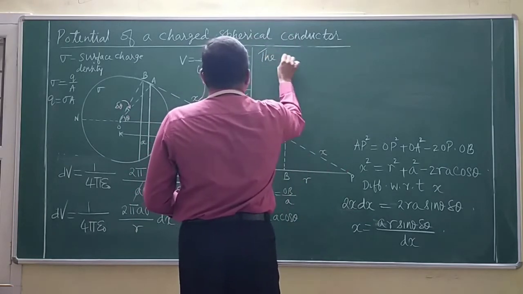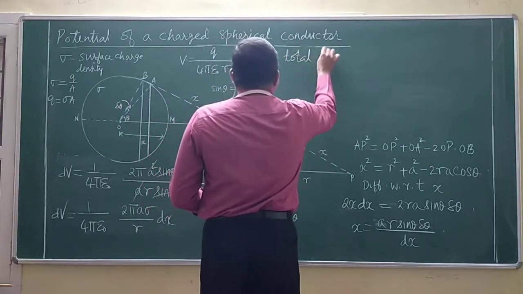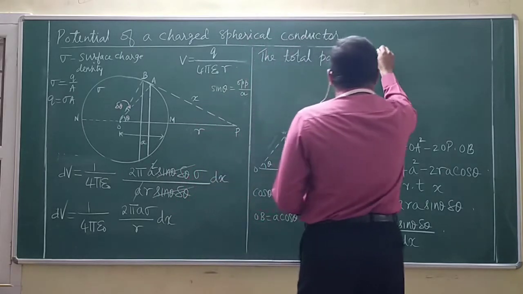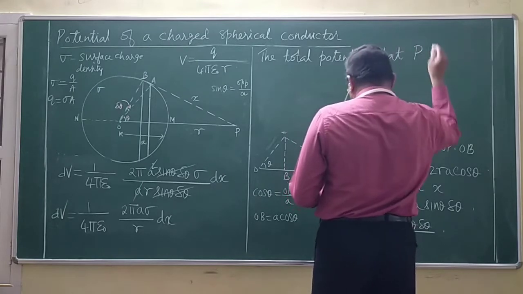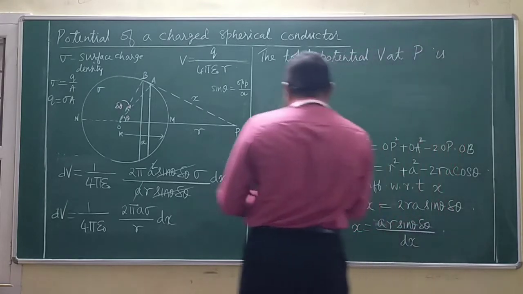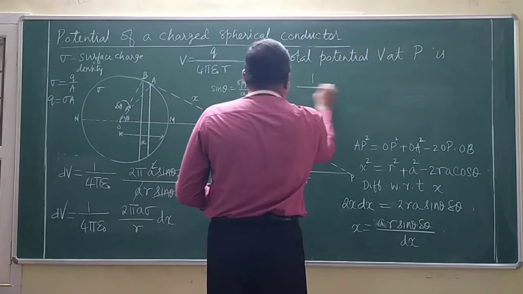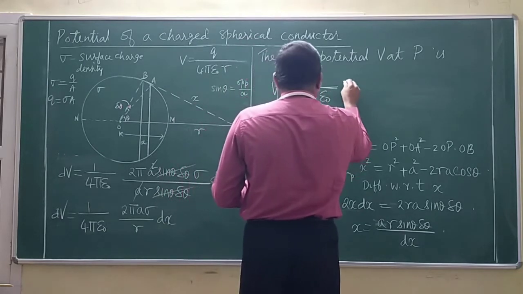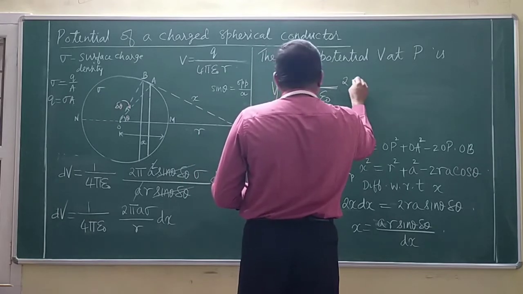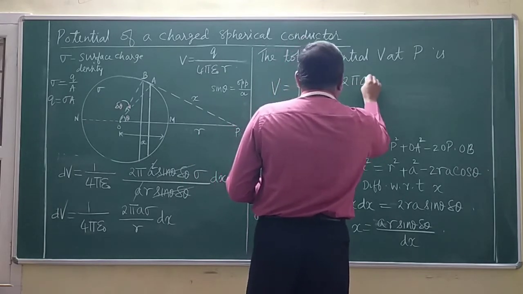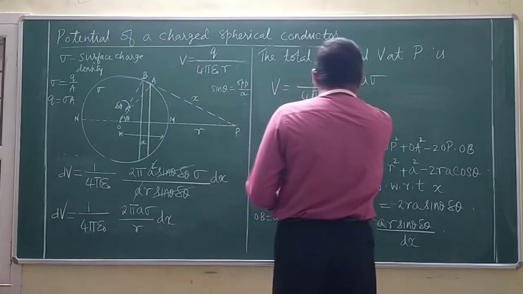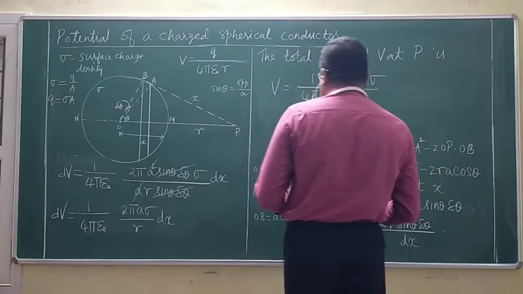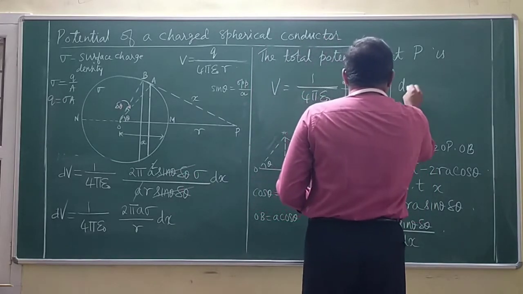The total potential V at P is V is equal to 1 by 4 pi epsilon naught, 2 pi A sigma constants. R is also constant because the point P is fixed at the distance R, integral dx.